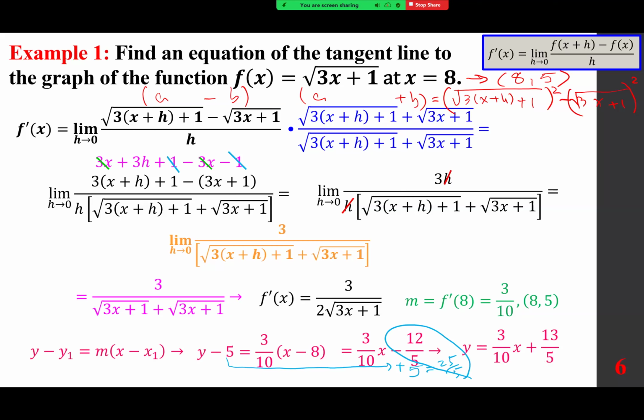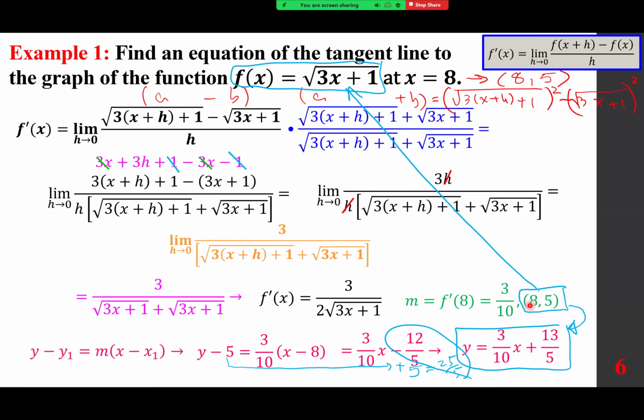What is extremely important for everybody to know, this pair belongs to the original function. It must satisfy it, and that's how we got the 5. It also belongs to the tangent line, and it must satisfy that as well.